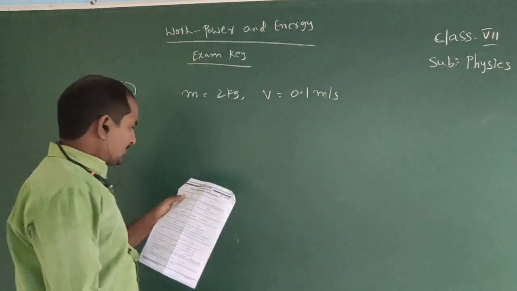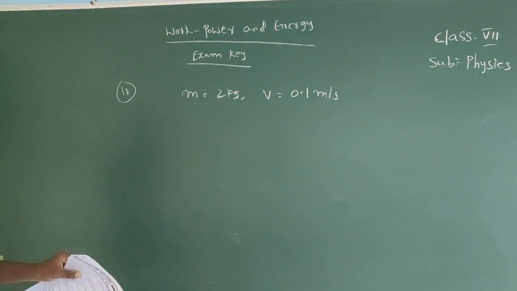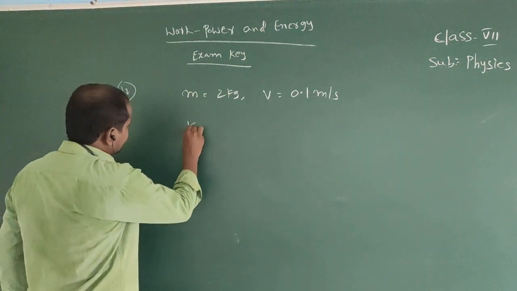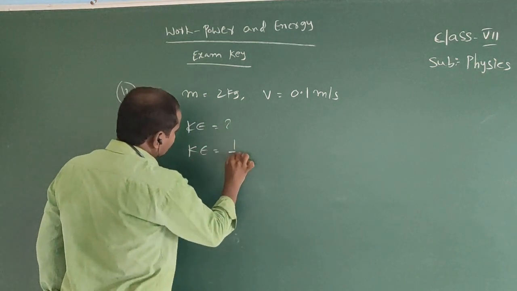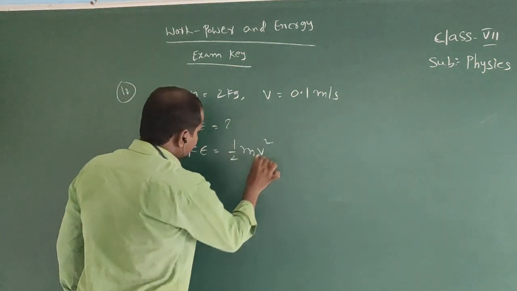Then find the kinetic energy. So here K equal to half into m into v square.